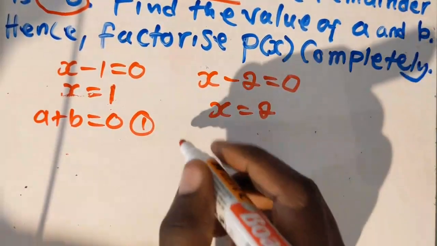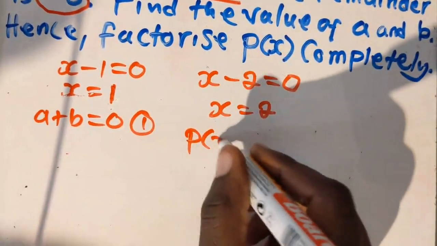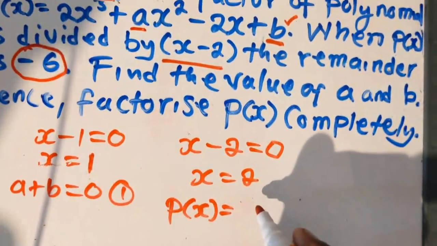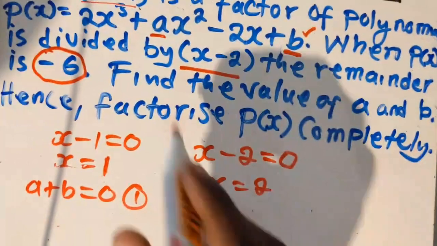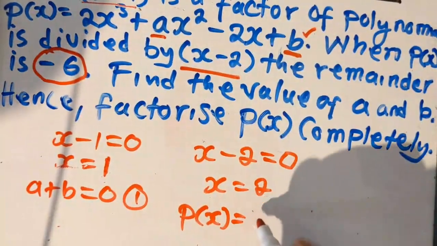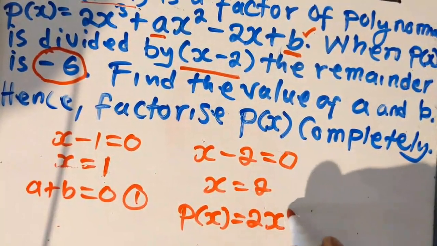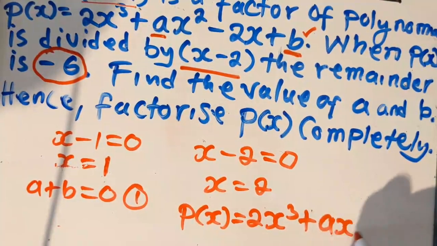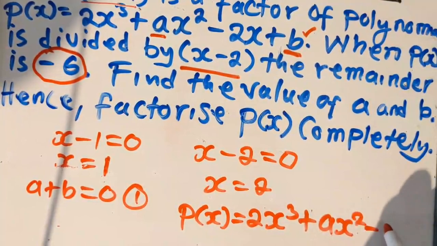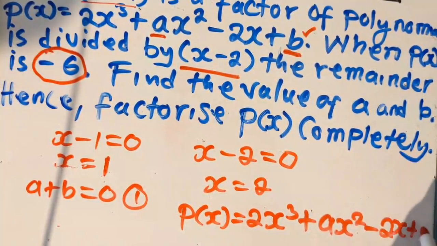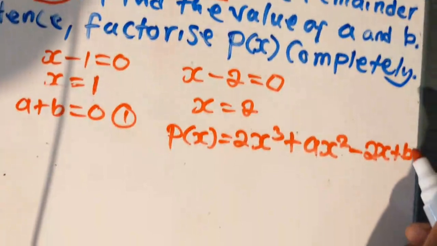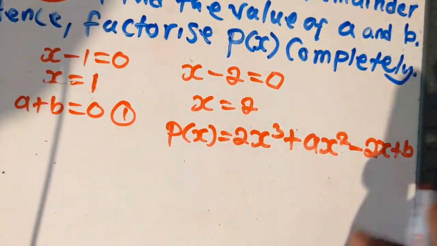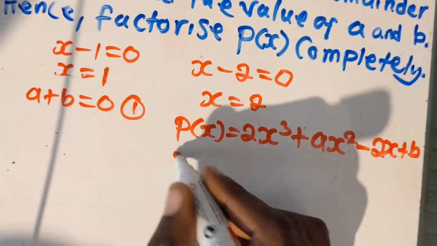Then P(x) is equal to, we copy the polynomial, which is 2x to the power 3 plus ax to the power 2 minus 2x plus b. All right.